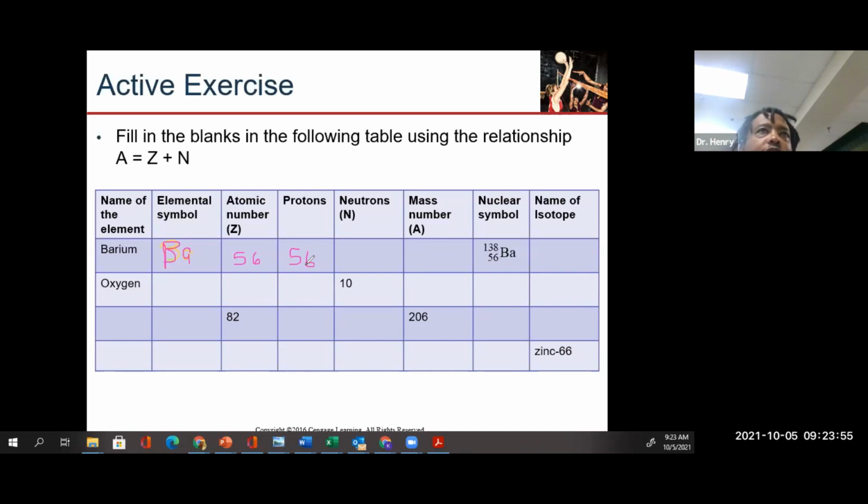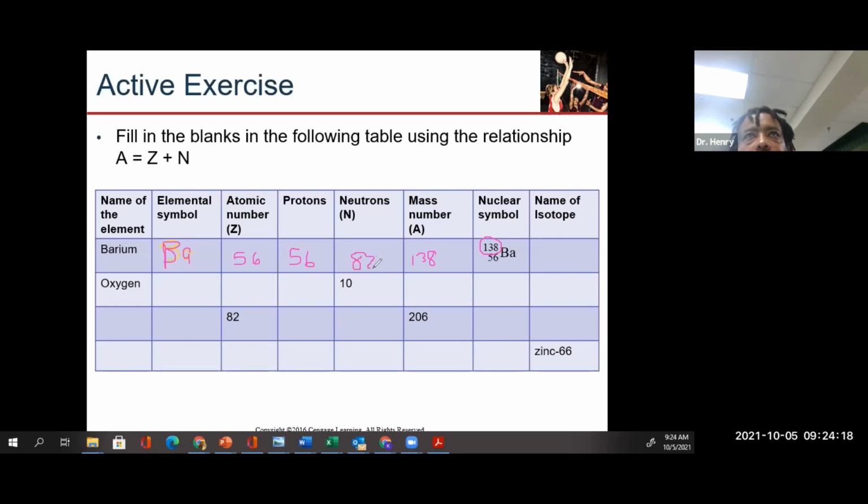How many neutrons does barium have? Or in this case, this isotope of barium. So this is the new mass number. So how many neutrons would that be? 82. That is correct.